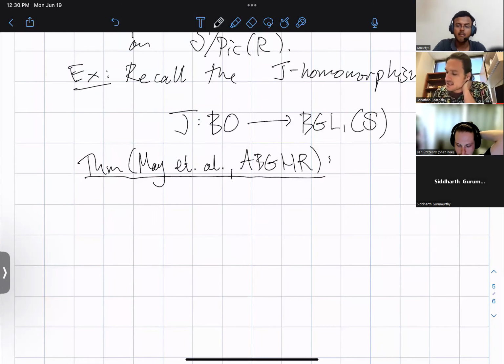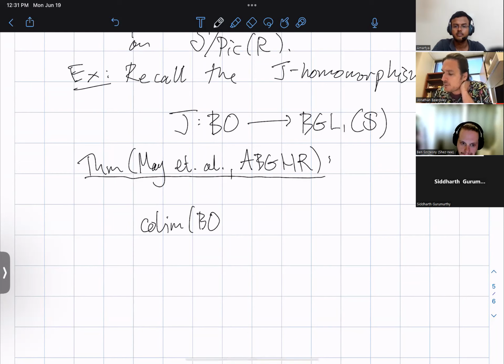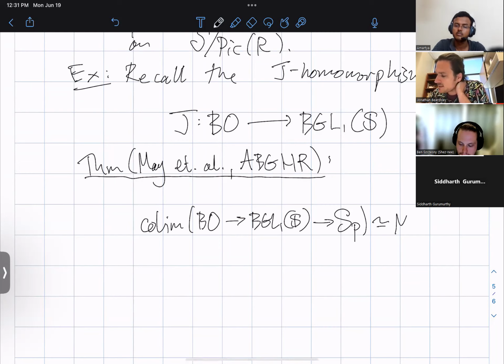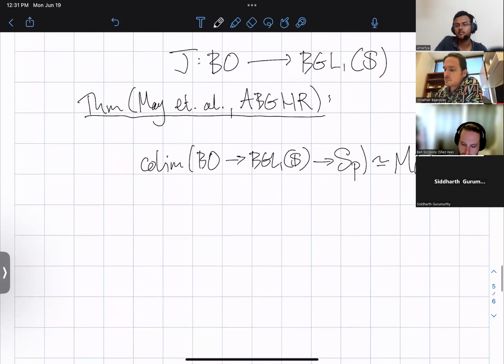What it says is that the colimit of this map, BO to BGL_1 S to spectra, is indeed the classical Thom spectrum MO, whose homotopy groups give us the real cobordism ring. And this is basically generally true for any of your classical cobordism spectra.